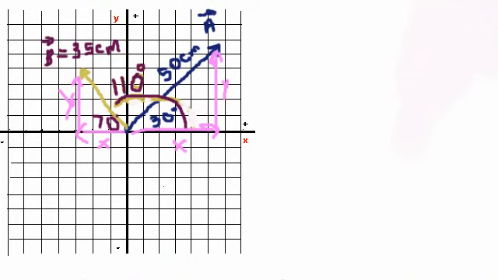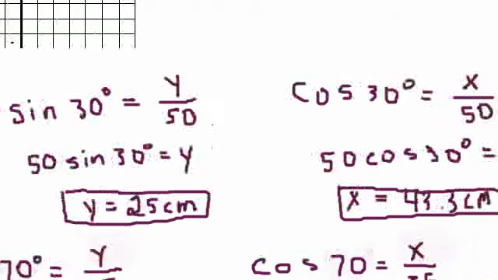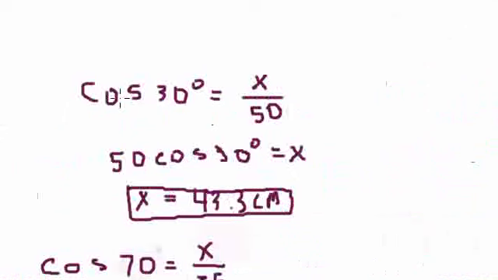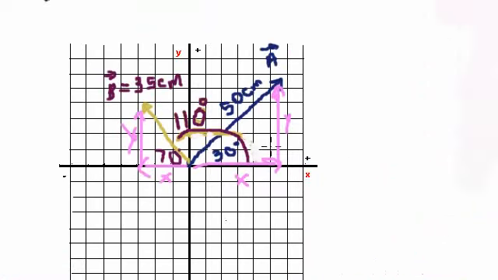Now we're going to find the x component, and we use cosine. Cosine of 30, cosine is adjacent over hypotenuse. The hypotenuse is 50, and the adjacent side, we look at the graph one more time, adjacent to 30 degrees is x. So that's why I put the x here.